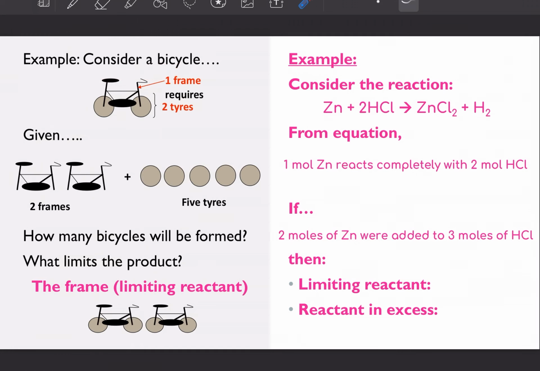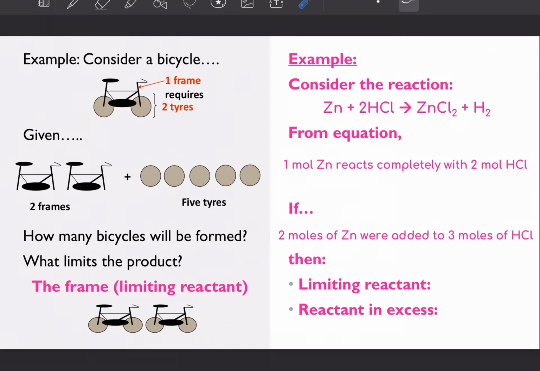Okay, bicycle. So in order to form one complete bicycle, you will need 1 frame and 2 tires. Betul? Okay. So let's say if we have 1 frame and 2 tires, okay. So maksudnya ini adalah perfect combination lah. So dia adalah stoichiometrically equivalent. Okay.